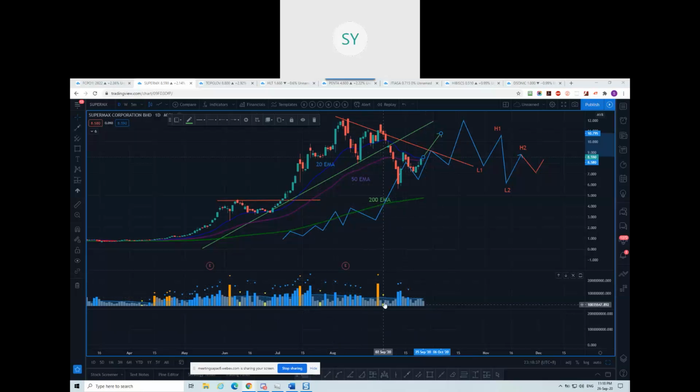For you to understand, the orange color normally causes the price to drop if you see it at the top, and if you see it at the bottom, normally the price will rally after that. The yellow color normally is no volume, and the blue color is a healthy volume.